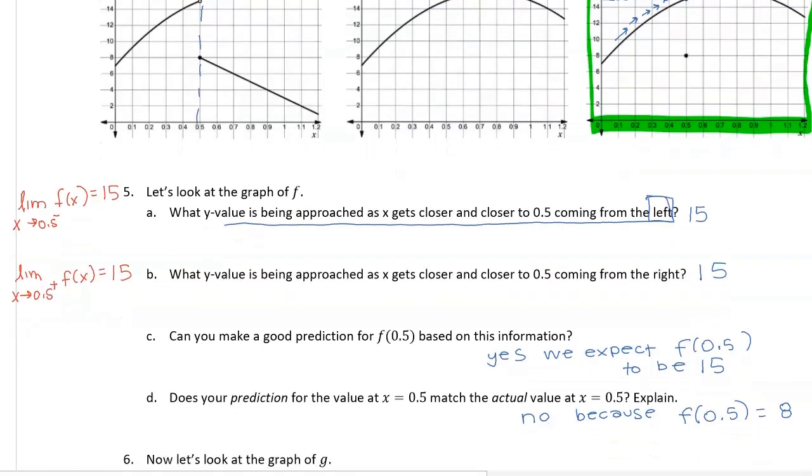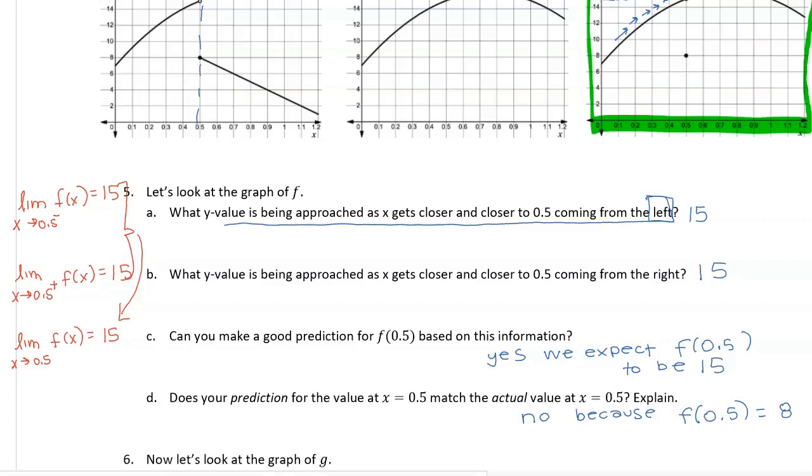Now, this says, can you make a good prediction? Well, the left matches the right, so we can say that the limit exists, and as x goes to 0.5 of f of x, this is going to equal 15, and that's because these two agree. So we can say that the limit is 15.